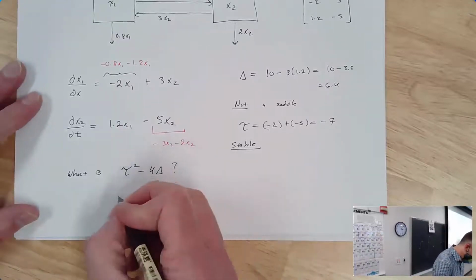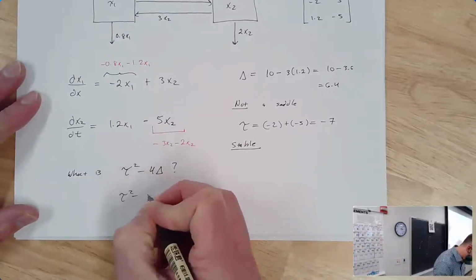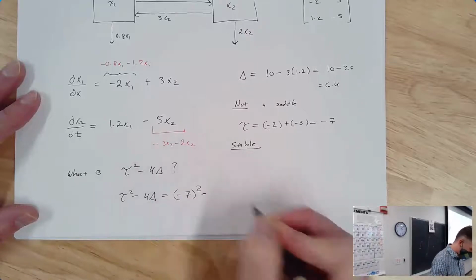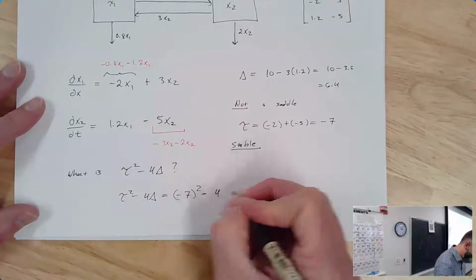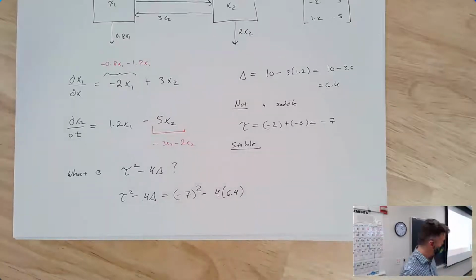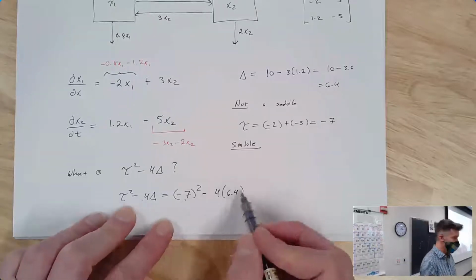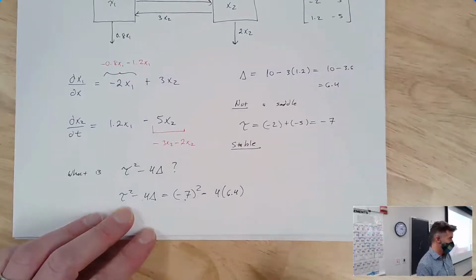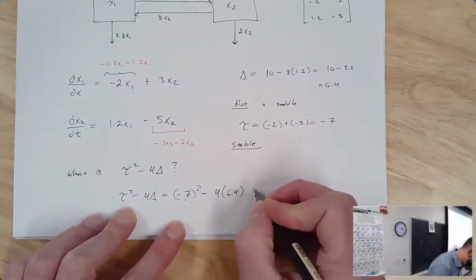So the trace is negative 7, and the determinant is 6.4. Is this quantity positive or negative? Definitely positive, right? That's 49. There's no way that's 49 minus something bigger than 30. It's 24-ish, 25-ish. It's definitely positive.